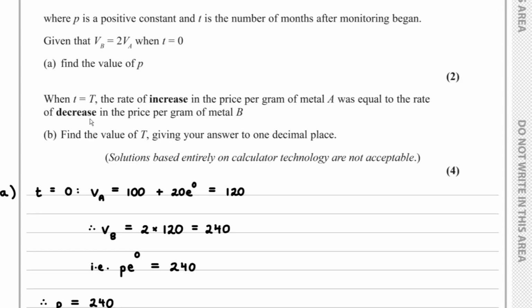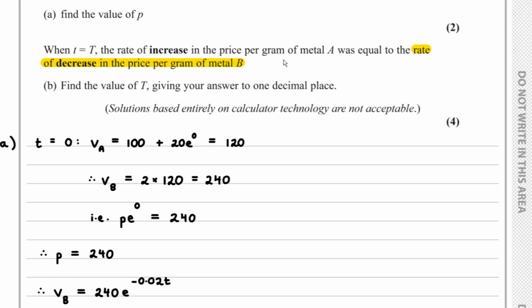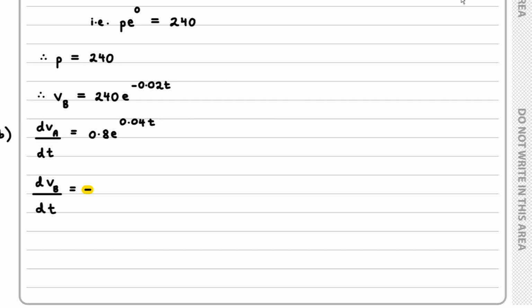We now have to find the rate of decrease in the price per gram of metal B. Noticing we have a rate of decrease, dVB over dt will equal the negative differential of VB with respect to t.